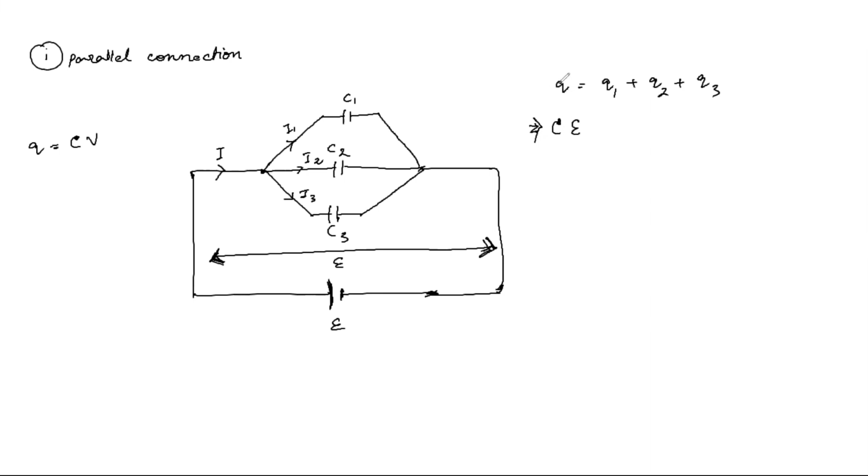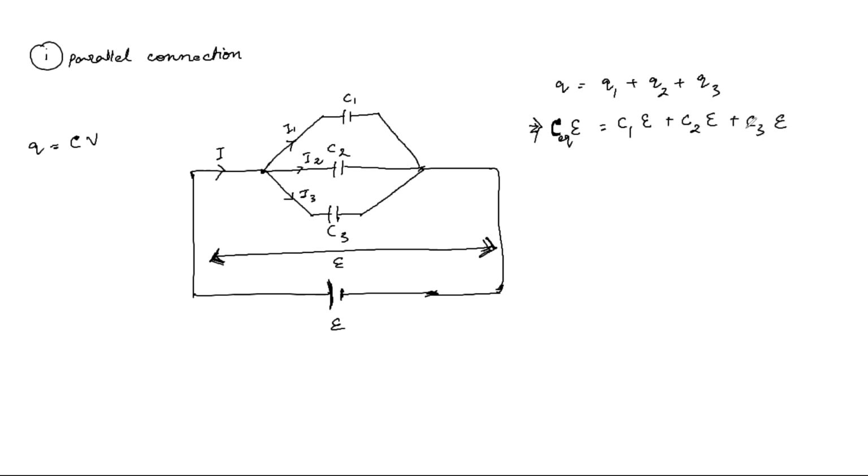Now since this is my net charge, we will be using an equivalent suffix for this capacitance C, which is associated with this net charge Q. And this Q1 is the charge associated with this capacitor C1. So we'll have C1E, and then C2E, and then C3E.